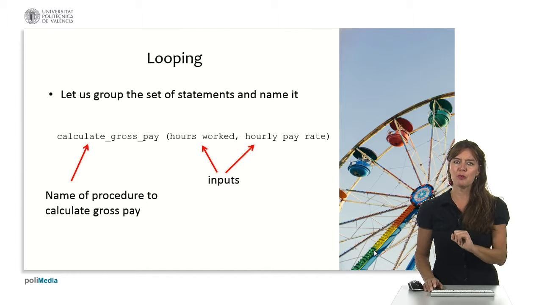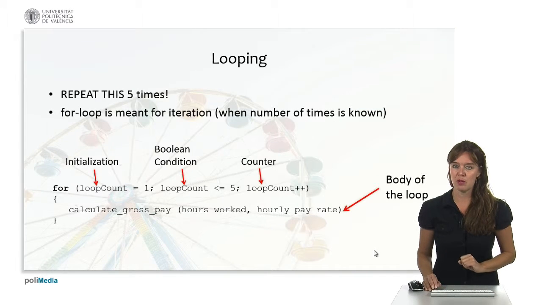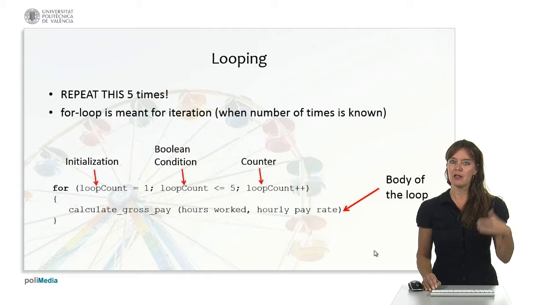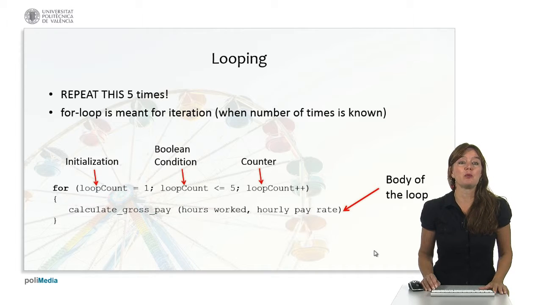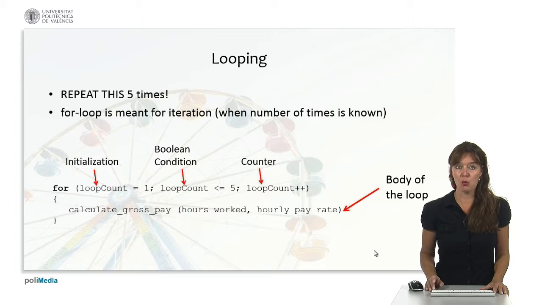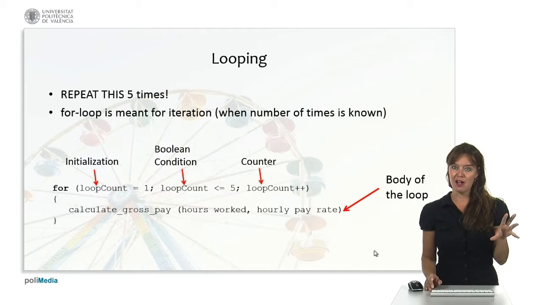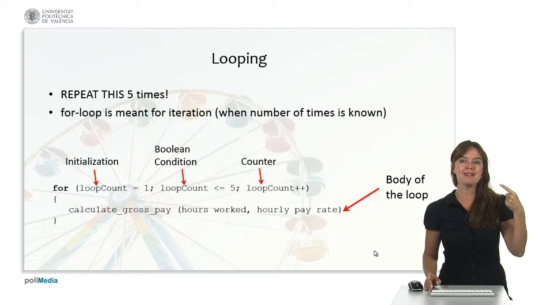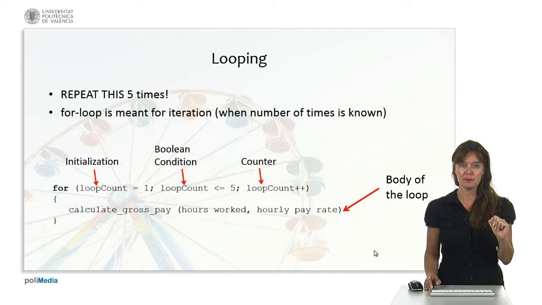So now imagine we want to repeat this 5 times. We can do this with a for loop. A for loop is meant for when we know how many times we want to repeat something and execute it that number of times. So on the slide we see an example. We say for loop count is 1. So here we initialize the counter of our loop. This is the one that's going to count how many times we have repeated the statement.